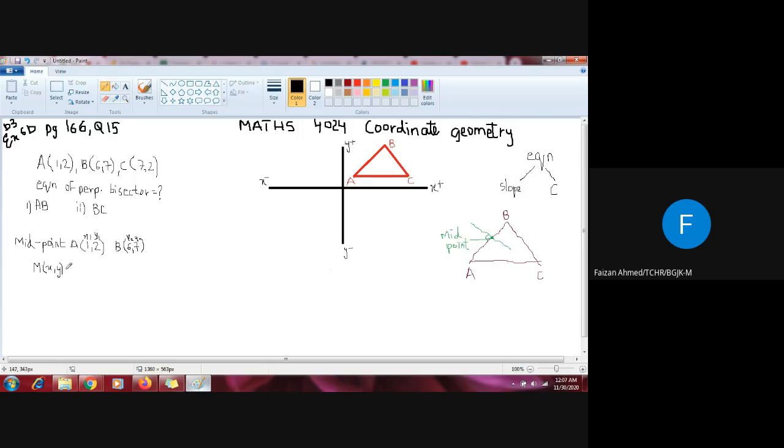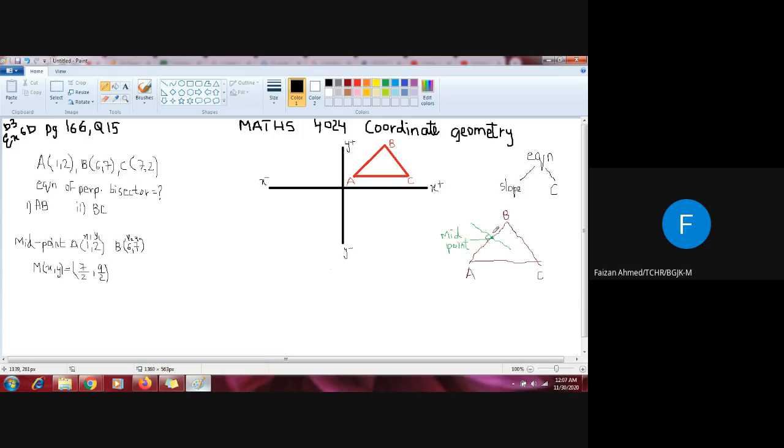I have to add all the x values. The x values here are 1 and 6, so 1 plus 6 is 7. So the first coordinate will be 7 upon 2. And for y, y1 plus y2, 2 plus 7 is 9. So the other coordinate will be 9 upon 2. So this is basically the midpoint.